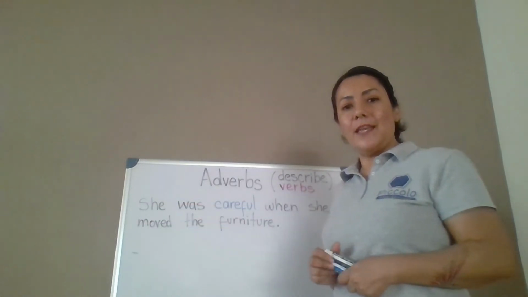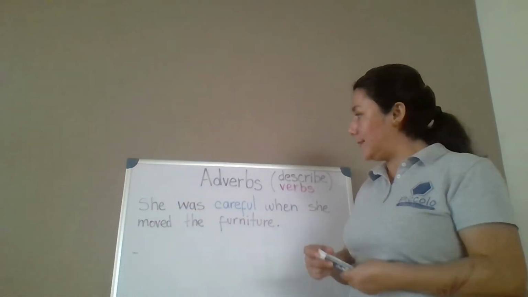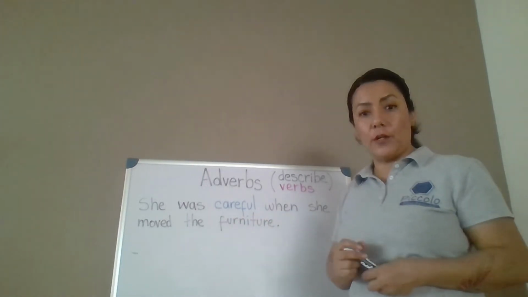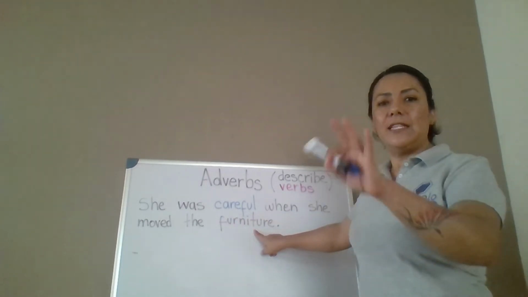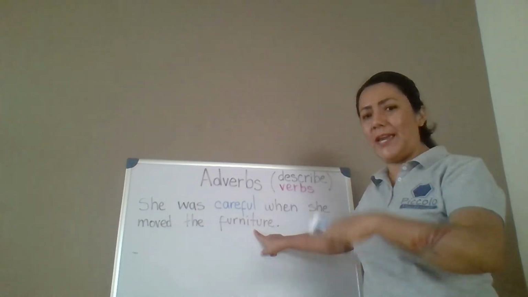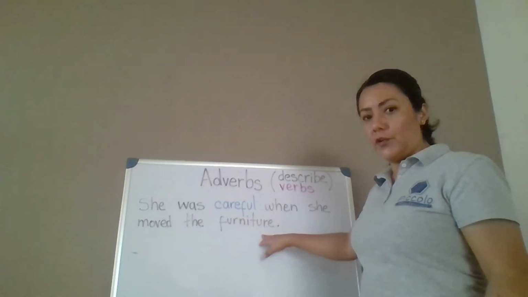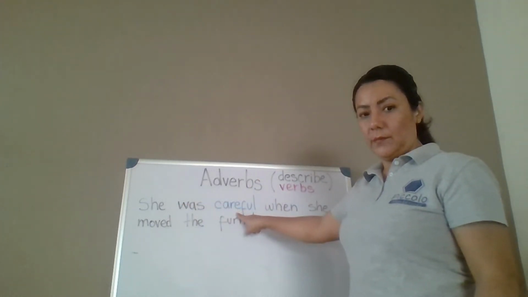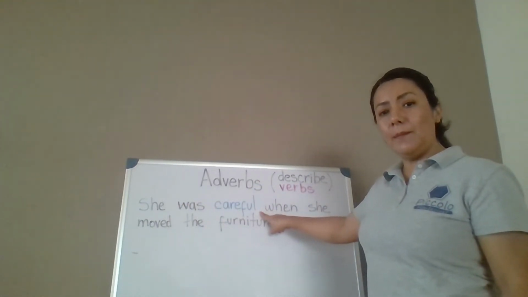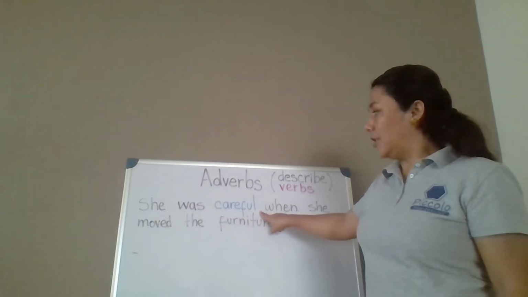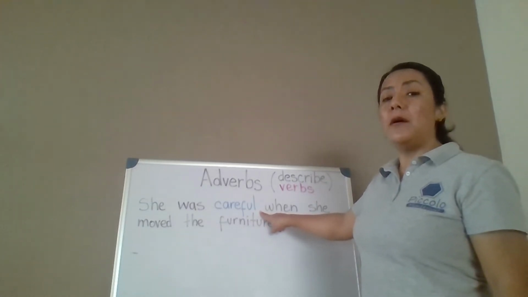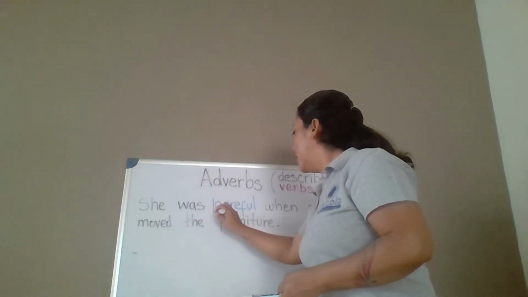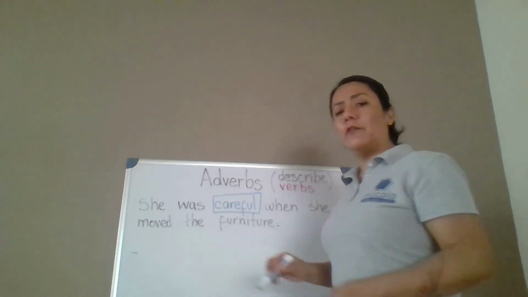This is the sentence in the book. Sentence number 1. It says, she was careful when she moved the furniture. Furniture is tables, sofas, chairs, okay? Now, she was careful. Do you see the ending ly? No. So this is not an adverb. It is an adjective because we are describing who was careful.